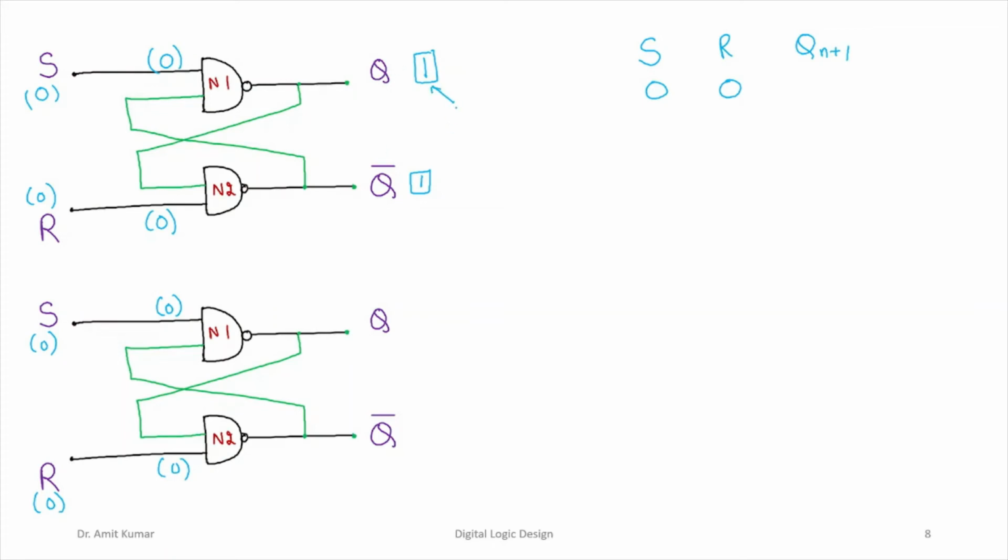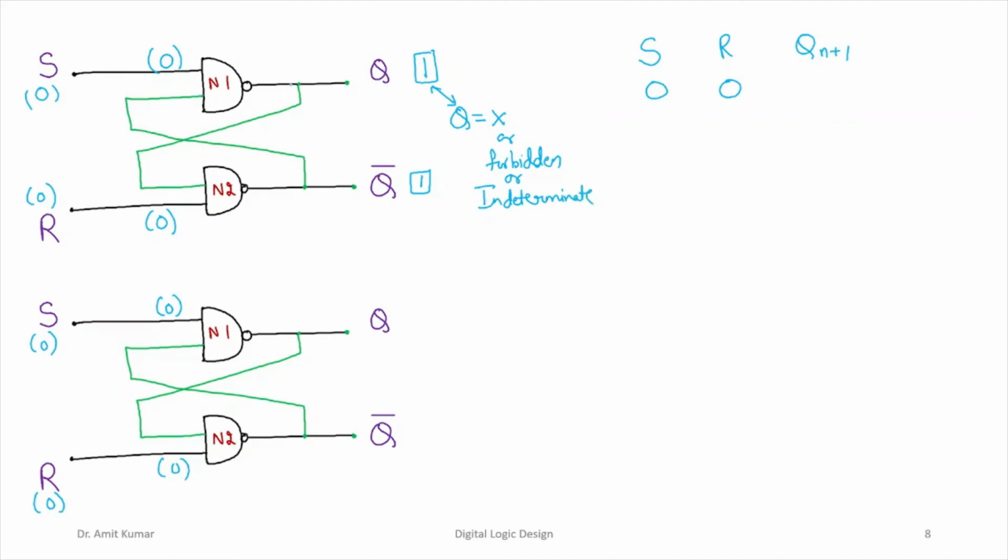So that is why, since the outputs Q and Q bar are both in the 1-1 state, we equivalently represent this output as the forbidden or the don't care state, or indeterminate state.